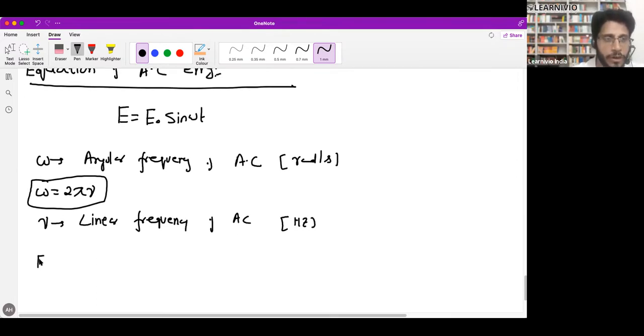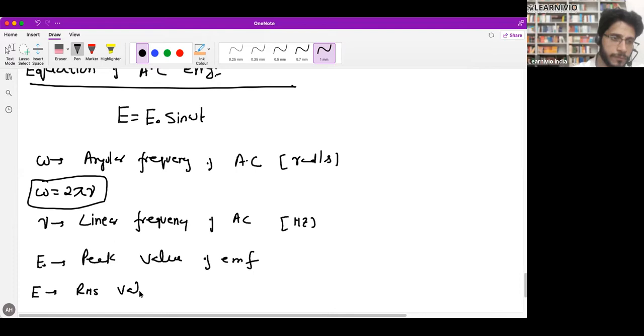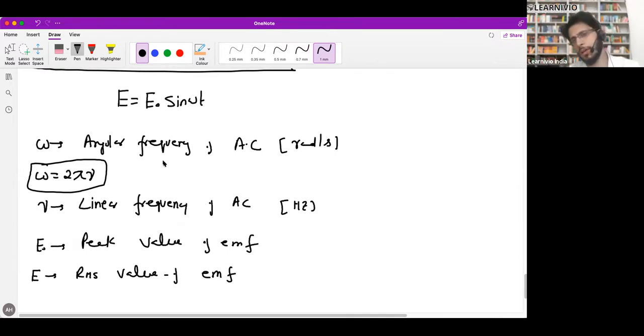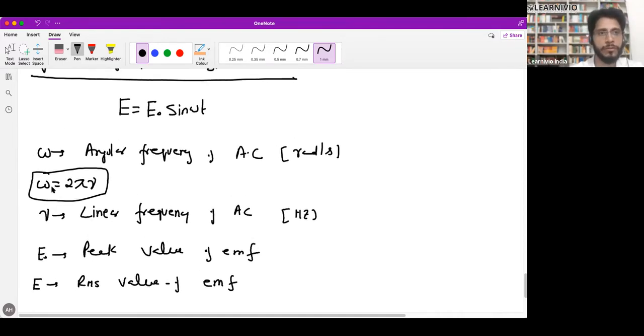What is E naught here? E naught is the peak value of EMF. So this is it. E is E naught sine omega t. E naught is the peak value. Omega is the angular frequency. And nu is the frequency. Note it down.